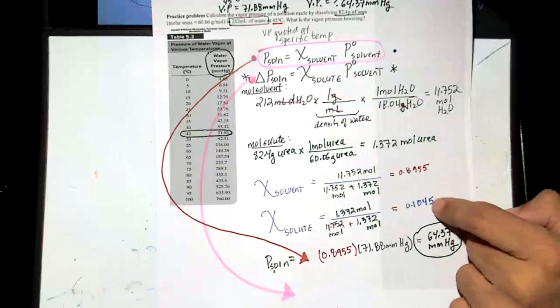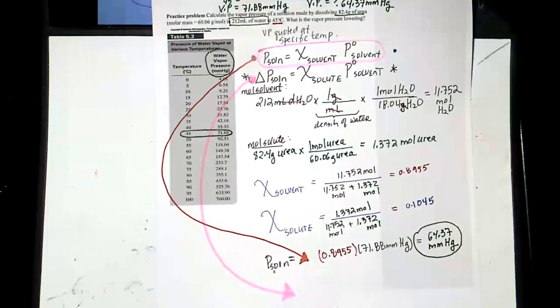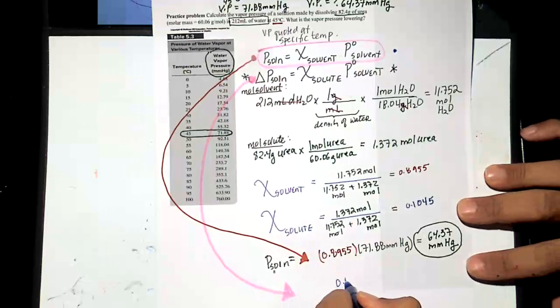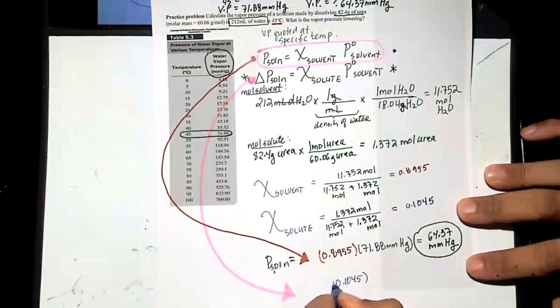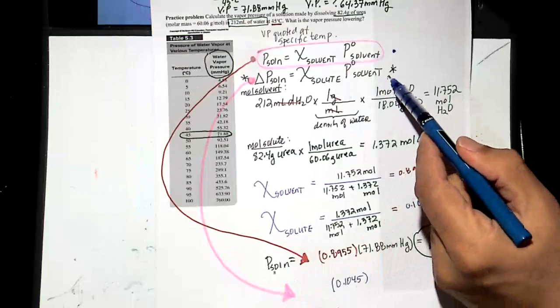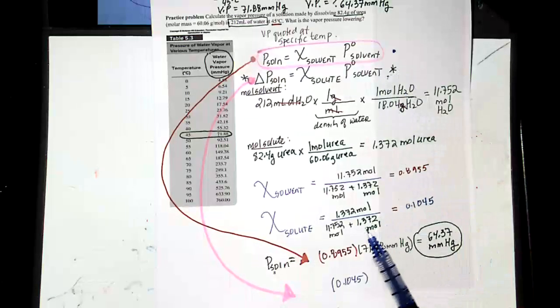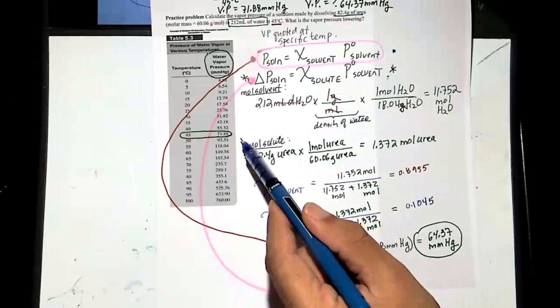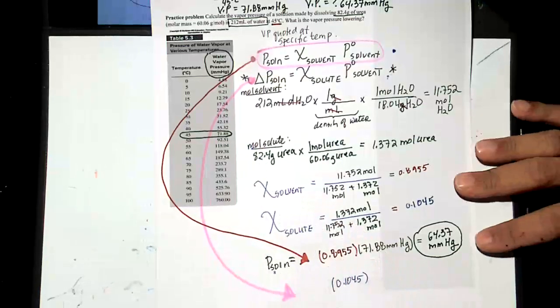All right, so this is the mole fraction of the solute, which is 0.1045, times the solvent by itself. The solvent by itself is 71.88 millimeters of mercury.